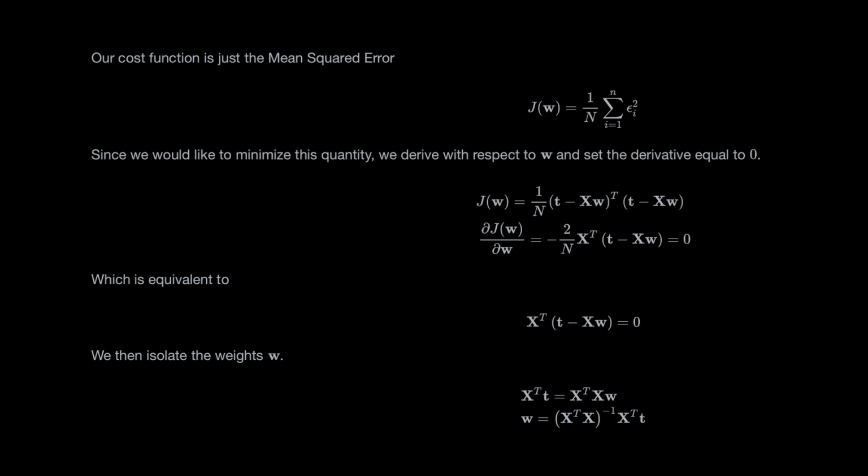Our cost function is just the mean squared error J in function of W. Since we would like to minimize this quantity, we derive with respect to W and set the derivative equal to 0. We then isolate the weights W.